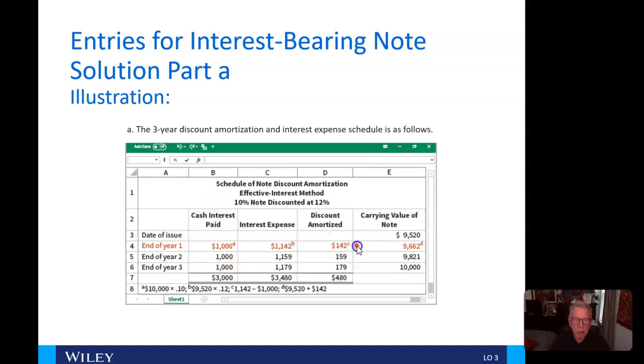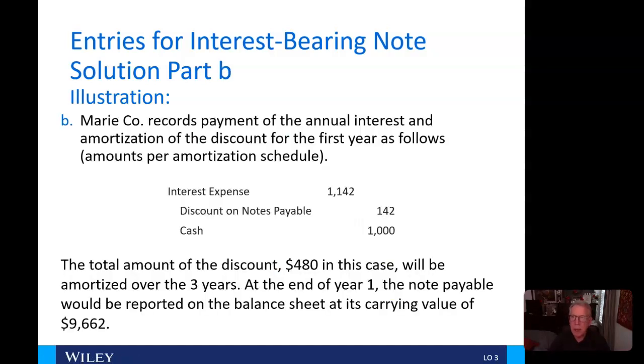So we would have a discount to be amortized here, just like we did with the bonds. Not hard. Again, the carrying value will ratchet up to the face value over the 3-year maturity. Now under Bravo, we're going to record the first year's interest payment.